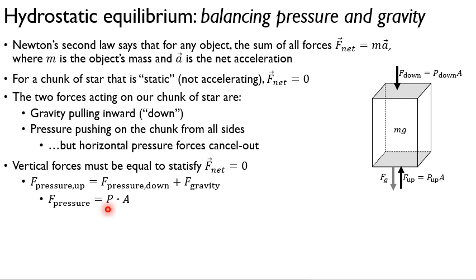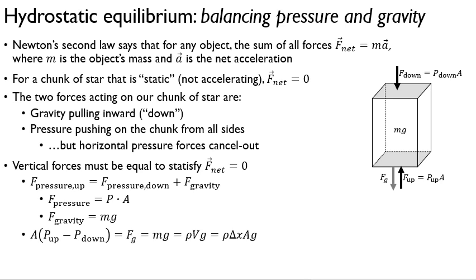If instead people are wearing high heels or pointed shoes, their force is distributed over a small area, which creates a very large pressure. If that example didn't make sense to you, just take my word for it: if you take a pressure and distribute it over some area, that gives you a force. And the force of gravity is the mass of our fluid chunk times the local gravitational acceleration that we usually call little g.